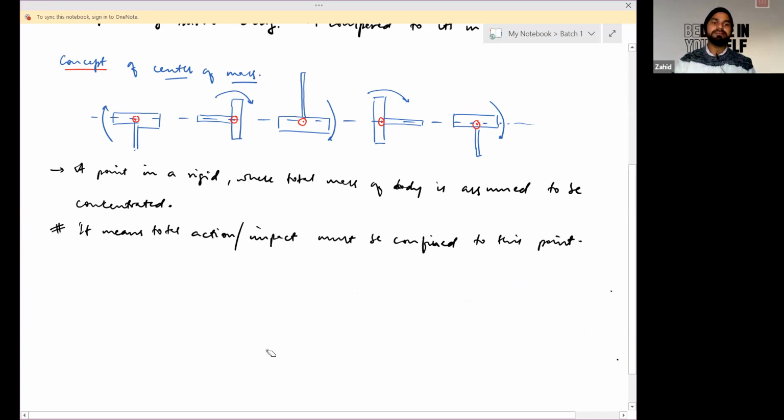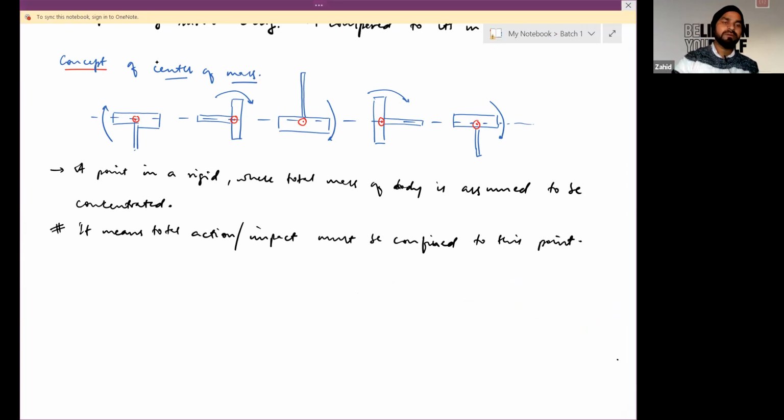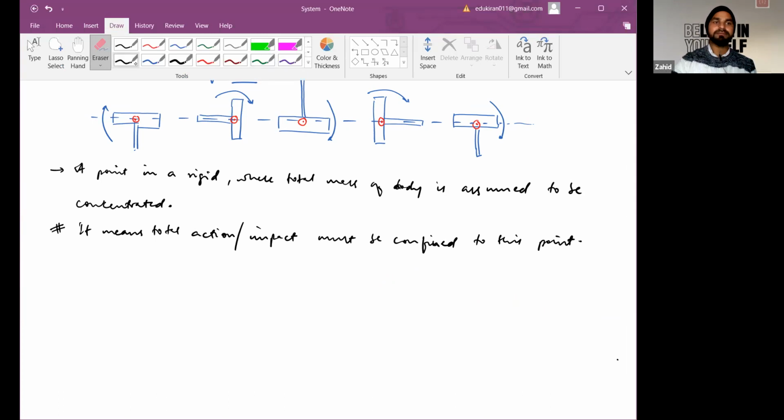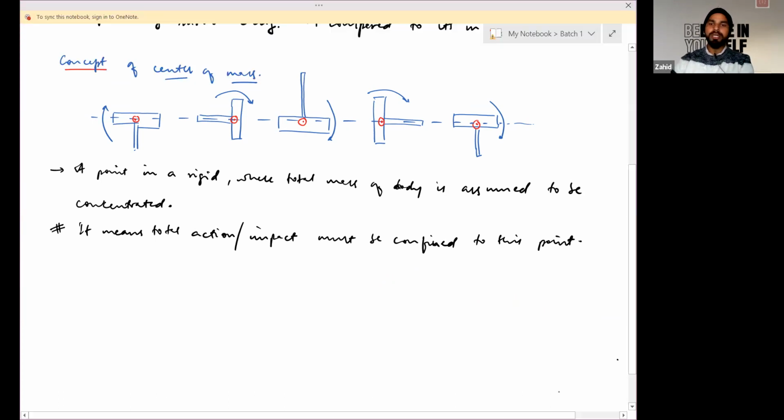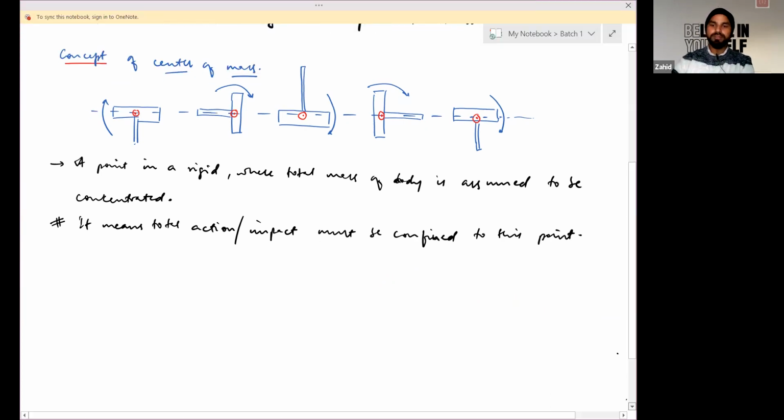First is how to calculate the position of center of mass. For that, we first define the body to be of two different types.